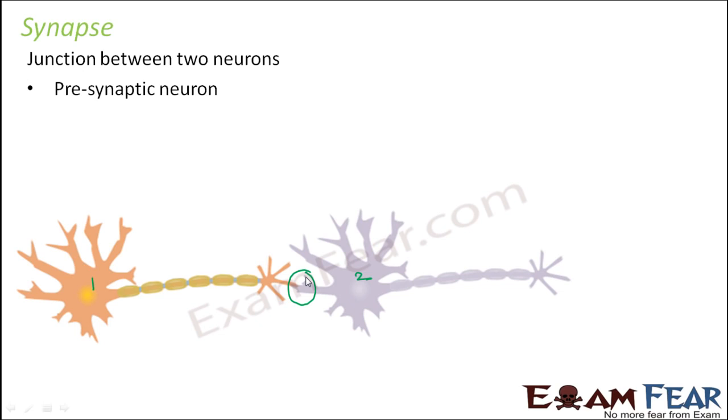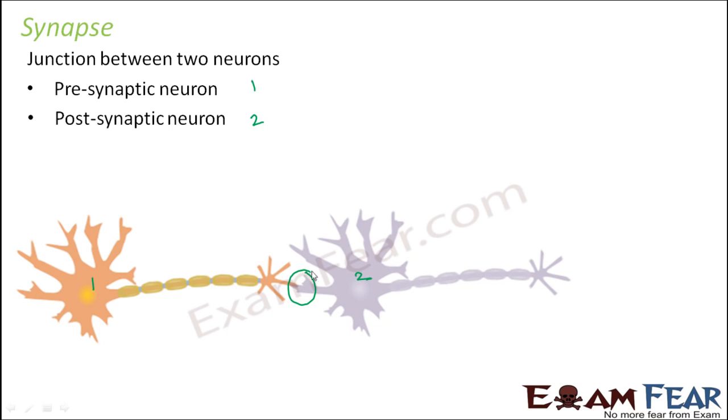The synapse is formed by a pre-synaptic neuron and a post-synaptic neuron. So what are the pre and post-synaptic neurons? If this is the junction, the first neuron's end is the pre-synaptic neuron and the second neuron is the post-synaptic neuron. In this case, neuron 1 is the pre-synaptic neuron and neuron 2 is the post-synaptic neuron.